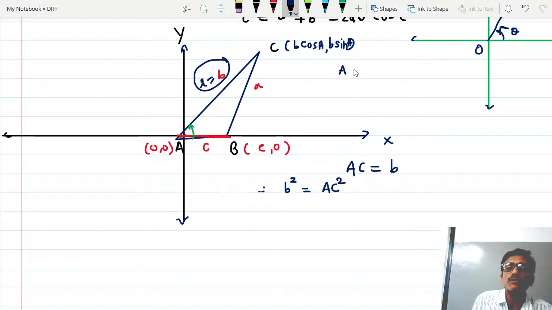What are the coordinates of A? 0, 0. What are the coordinates of C? B cos A, B sin A are the coordinates.